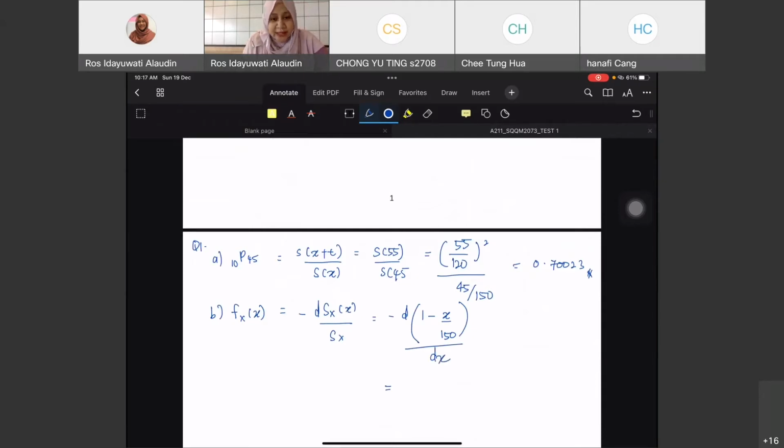So the 1 differentiates to 0, and you get 1 over 150. So negative becomes positive. This is for the range x from 0 to 50.